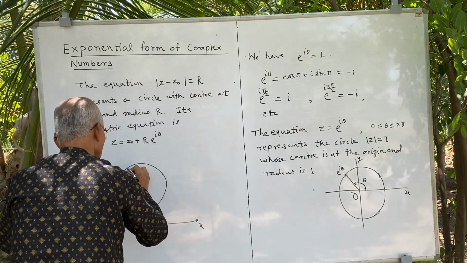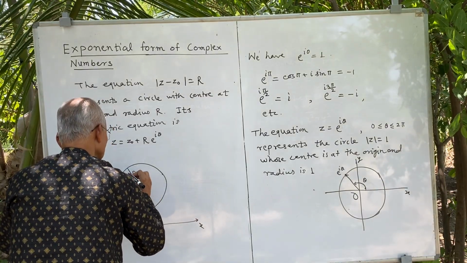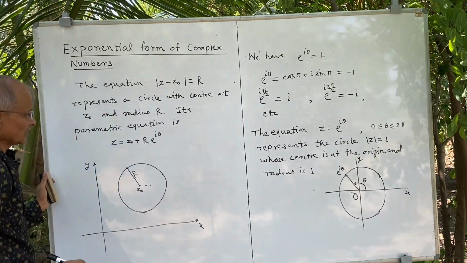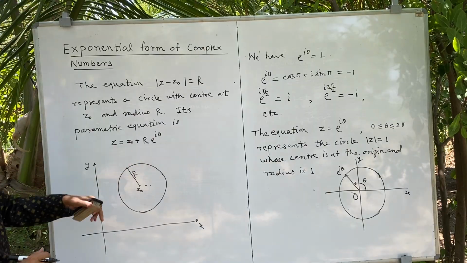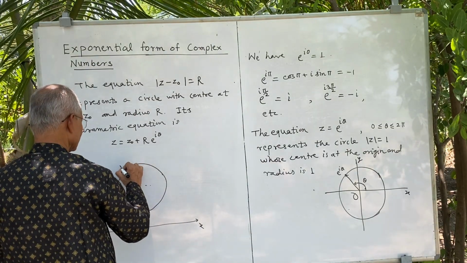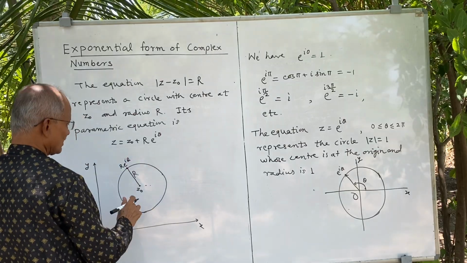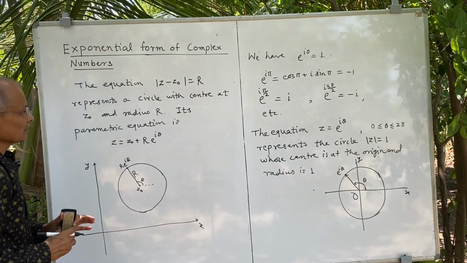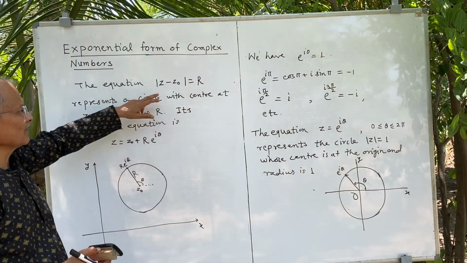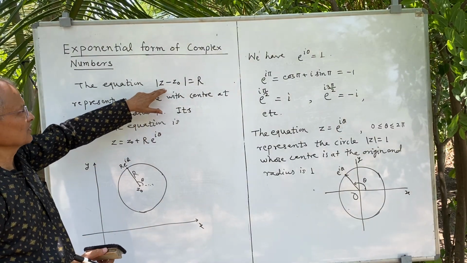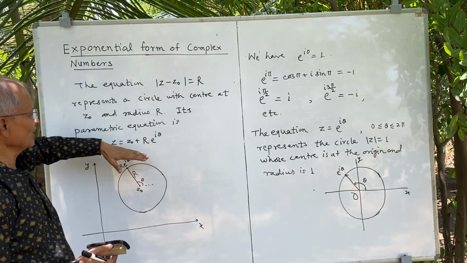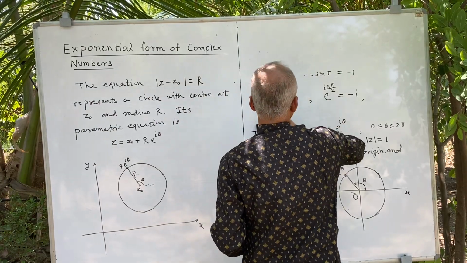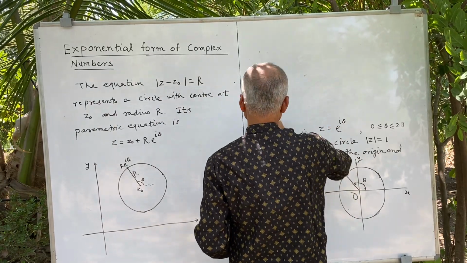So this radius is r, and the point here will be this one, z naught plus r e power i theta. So this angle is theta. Thus the equations, which are in rectangular form, can be written in exponential form. Now we shall see product and powers in exponential form.